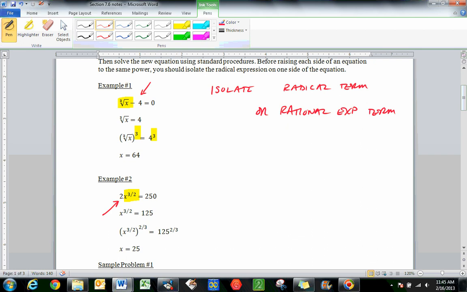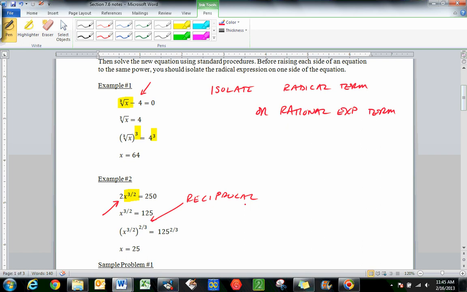Okay? And then of course in example number 2, I'm going to have to divide both sides by 2 before I can work on eliminating the rational exponent. And of course if you recognize this, that is the reciprocal.